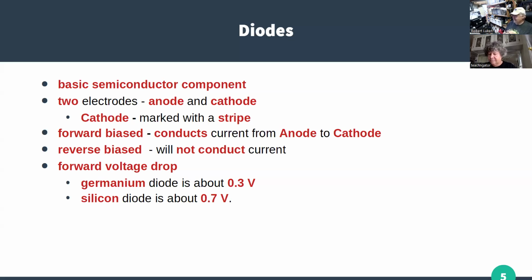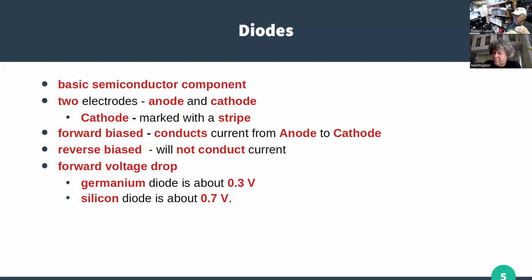When we forward bias that p-n junction or that diode, and we're applying a positive voltage on the anode with respect to the cathode, it will conduct current provided that that voltage is more than that threshold voltage we talked about, which would be 0.7 volts if it was silicon and 0.3 volts if it was germanium.